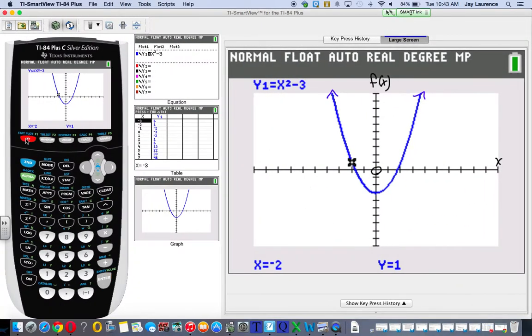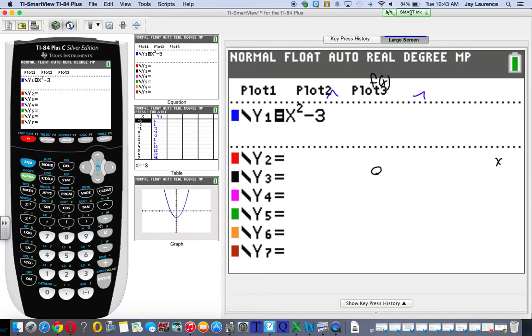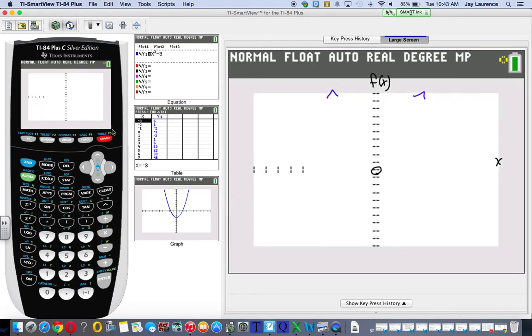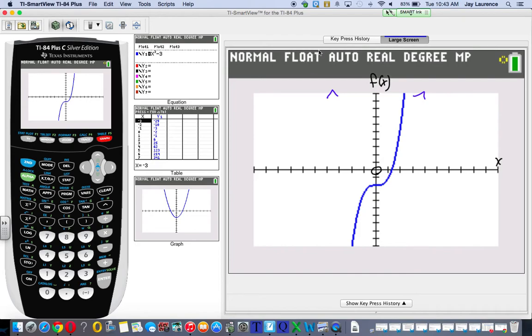So y equals, I need x cubed and minus 2, I believe we said, right? So let's get a graph, and it's drawing. There it goes. Look at that.